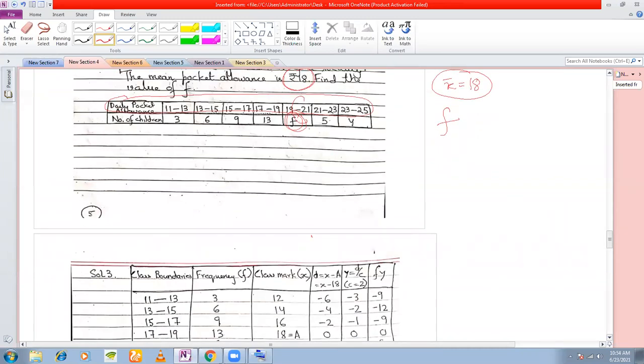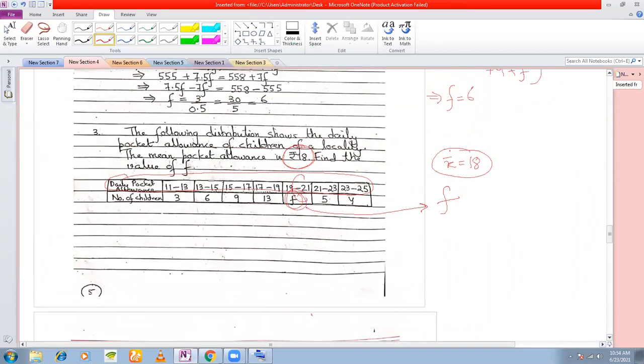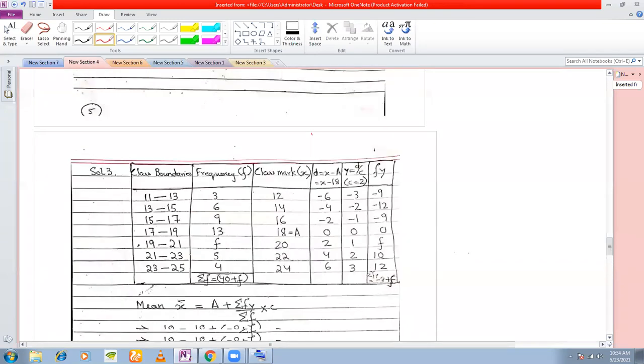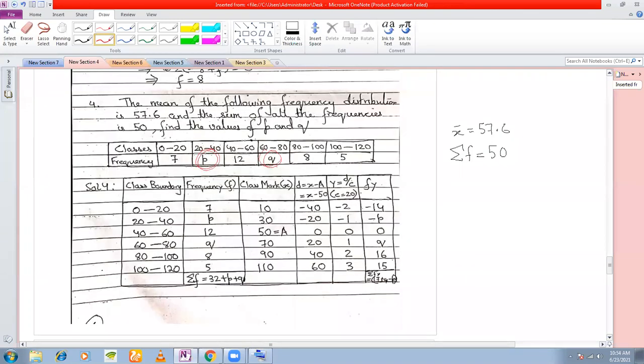Here, because only one missing frequency was to be found out, one piece of information was given. Here, you have two missing frequencies, P and Q. So you see two pieces of information are given to you, right? So we'll use these two pieces of information to find out the missing frequencies, P and Q.